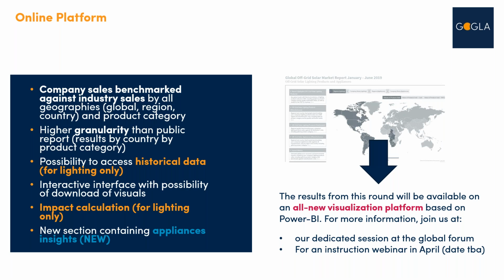What you'll see in there is that you can benchmark your products against everything from different regions in the world to product categories. It gives you the chance to look at data and see it in the way that you would like. And of course, also the historical data for the lighting.